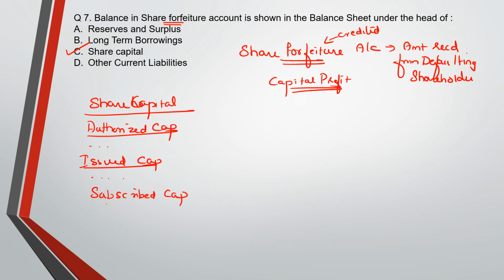Under subscribed capital, again there are two categories, subscribed but fully paid and subscribed but not fully paid. Under this particular subscribed capital category, we add the share forfeiture account balance till they are reissued. So it is added under the subscribed capital and therefore it falls under the share capital category. It is not reserve and surplus, it is not a long-term borrowing, and it's not, of course, other current liability. I hope now that is clear to you.